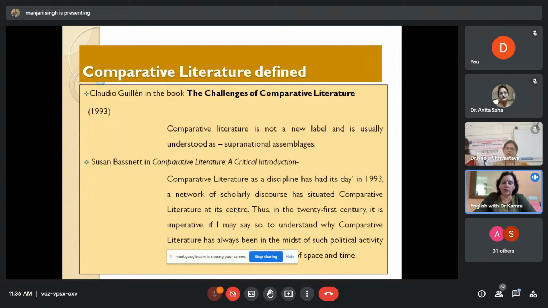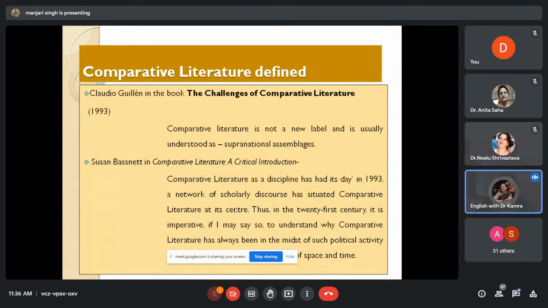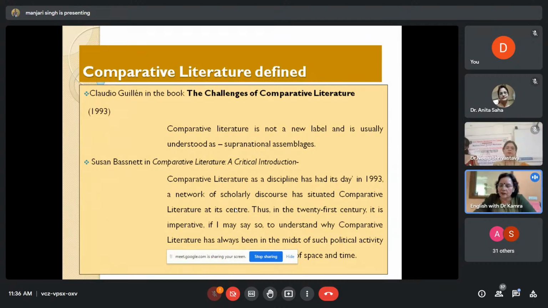Now, there's another one, Susan Bassnett. In Comparative Literature: A Critical Introduction, she says that comparative literature as a discipline has had its day. This is something which is very disappointing. She says that comparative literature has come to a dead end. It has reached an alley where there is no opening. Why?